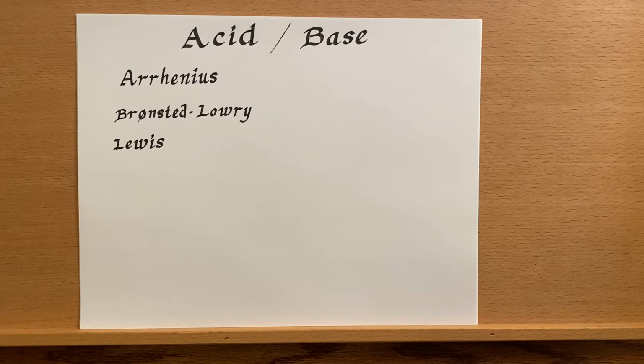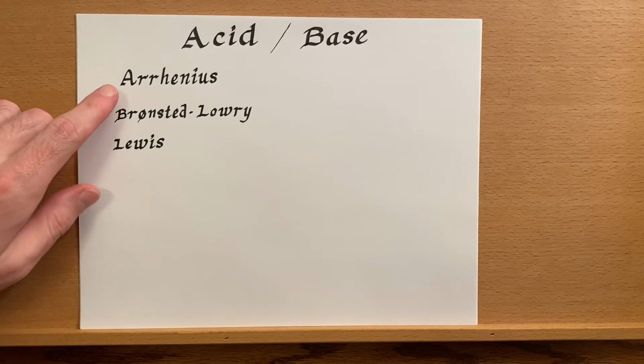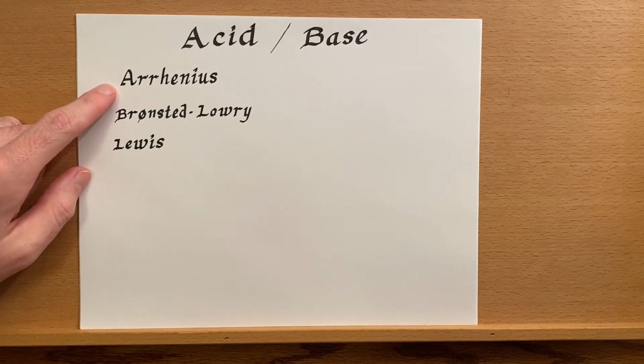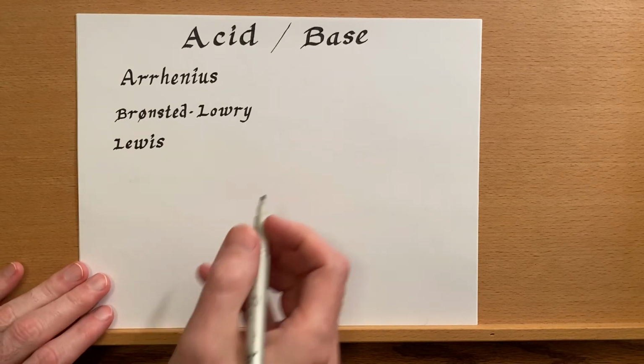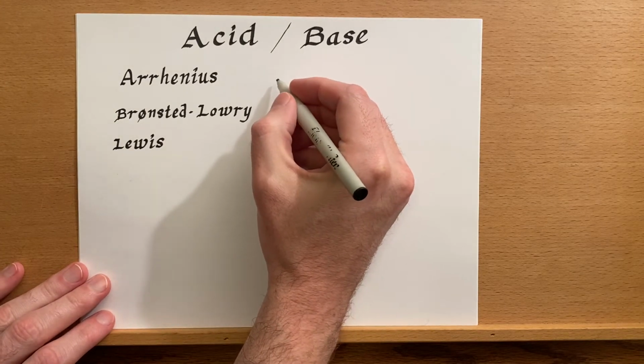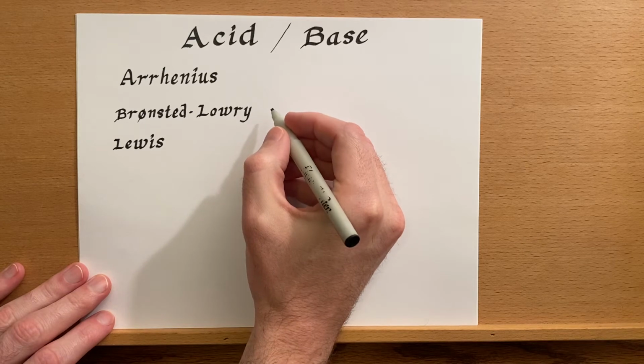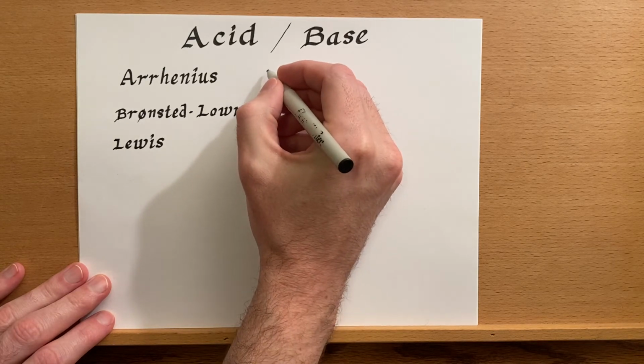So we'll start with the least broad definition, and that is the Arrhenius definition. Simply put, an acid in the Arrhenius definition is something that dissociates into H+ in solution.